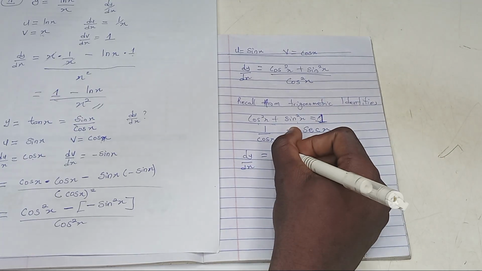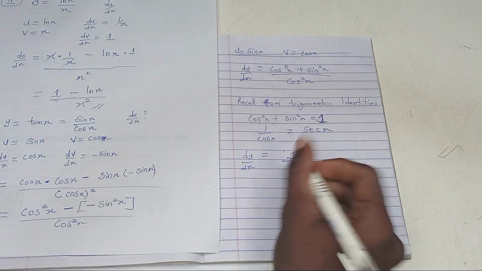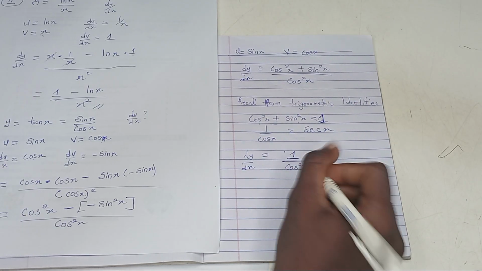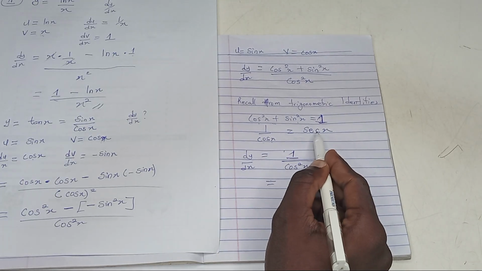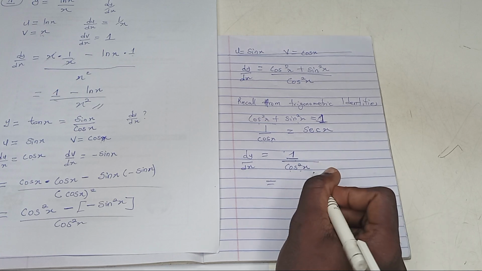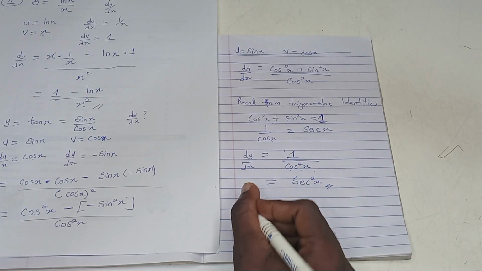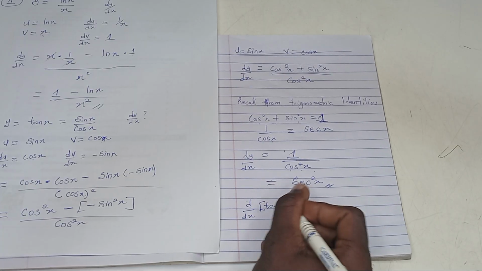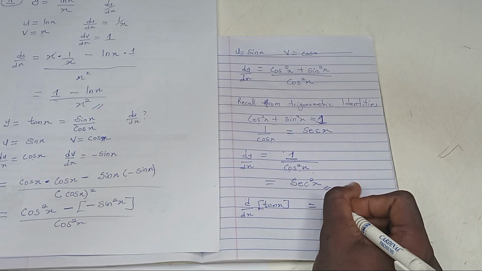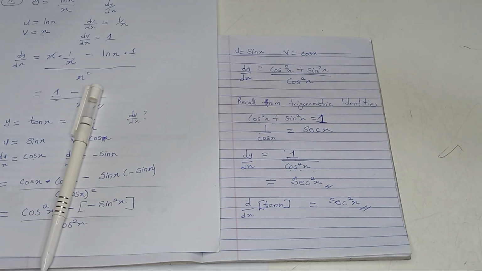So our numerator becomes 1 and our denominator is cos squared x. From trig identities, we also know that 1 over cos x is sec x, so 1 over cos squared x is sec squared x. That is why the differentiation of tan x is sec squared x. That's a nice example of the quotient rule.